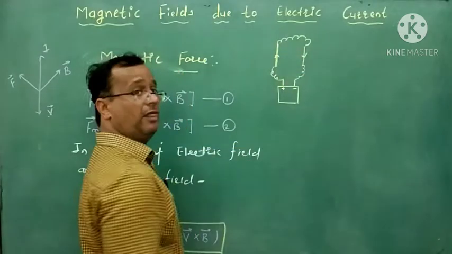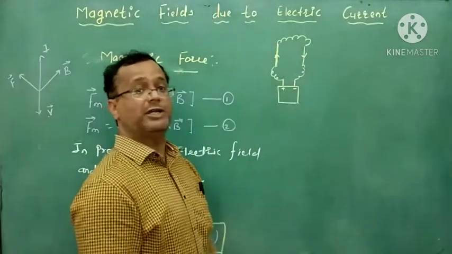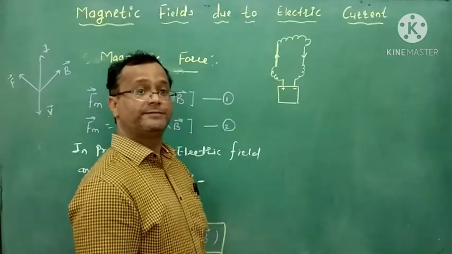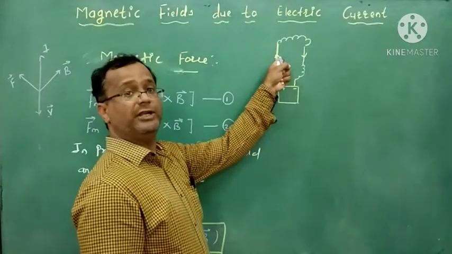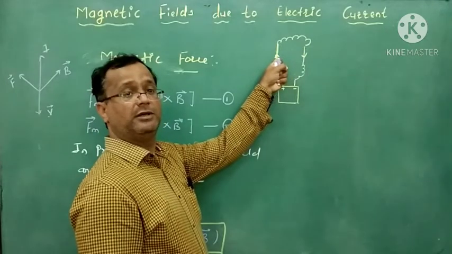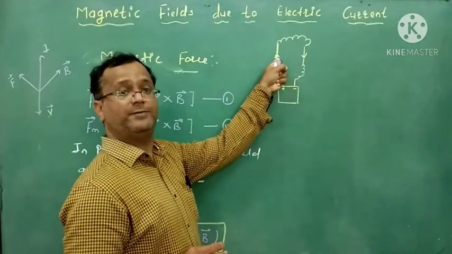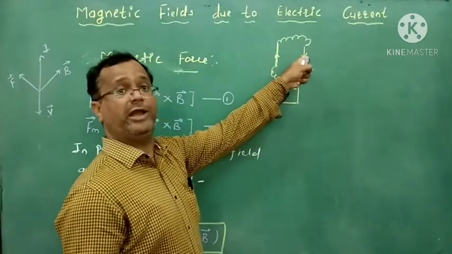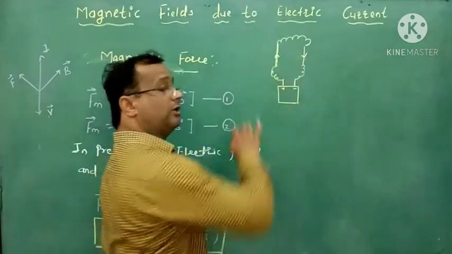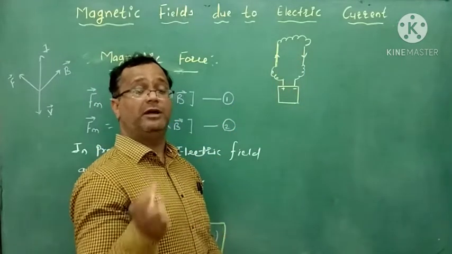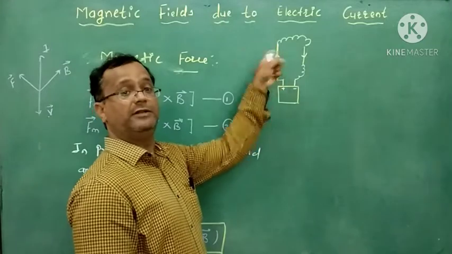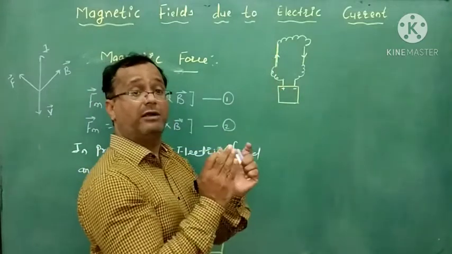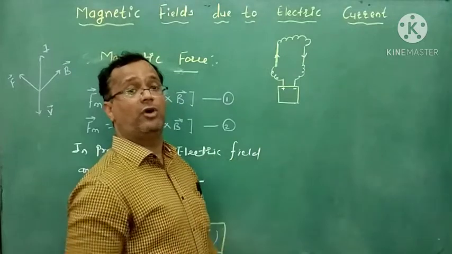It means that here, if we consider these two conductors, what happens? When current flows through the first conductor, a magnetic field is produced around that conductor. Again, current flows through the second conductor, and again a magnetic field is produced. Both conductors are placed in the magnetic field produced by the other. Then at that time, what happens? They act with a force on each other.